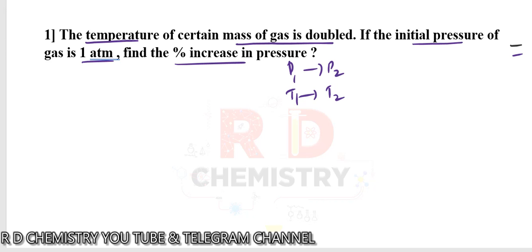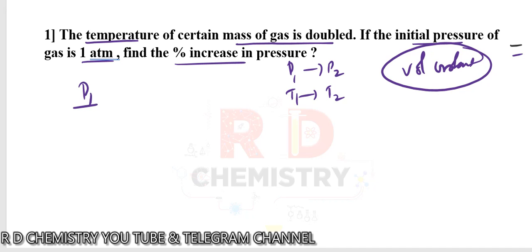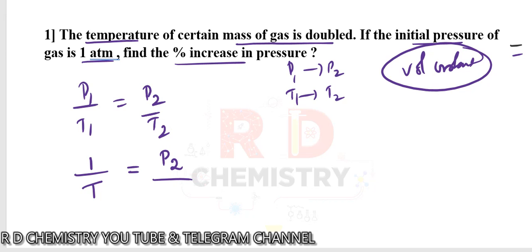So what is constant here? Volume is constant, and if the volume is constant, it is Gay Lussac's law. So P1 divided by T1 is equal to P2 divided by T2. Initial pressure is 1, and temperature is not mentioned, they simply said the temperature is doubled. So let me take the temperature simply as T, and P2 will be the final pressure divided by double the temperature, let it be 2T.